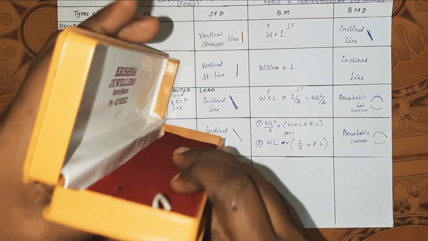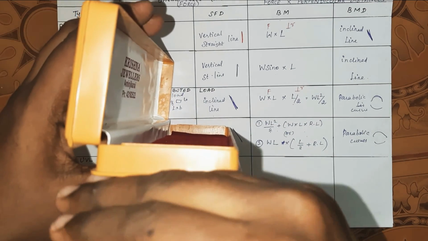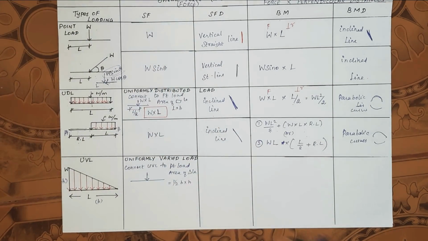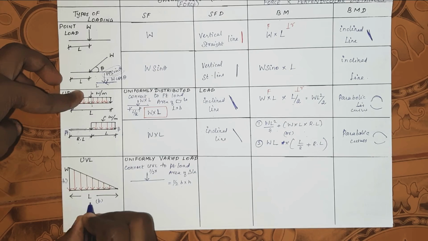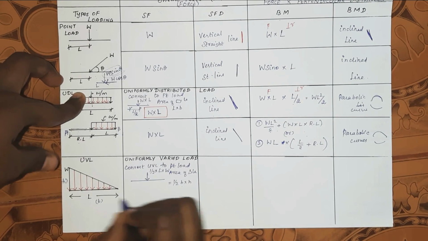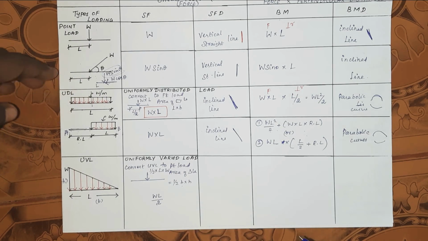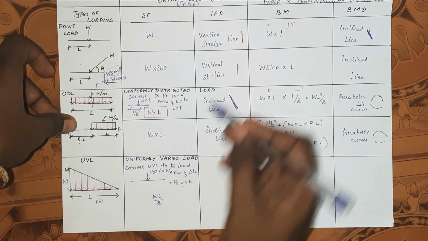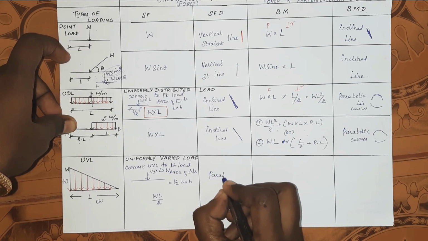So this is W, this one is L. So the point load is half into base L into W. So the shear force value of the UVL will be W L by 2. For this UVL the shear force diagram will be a parabolic curve.